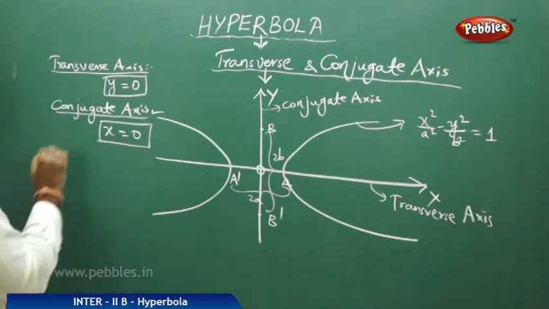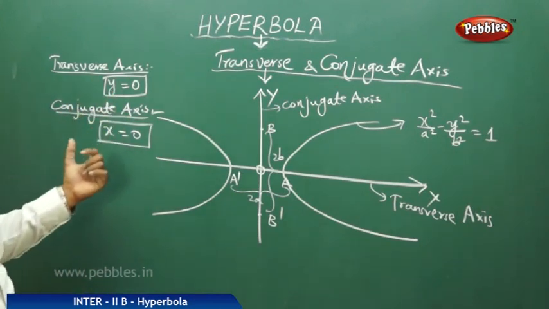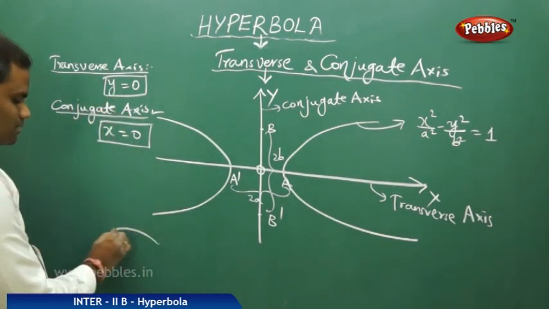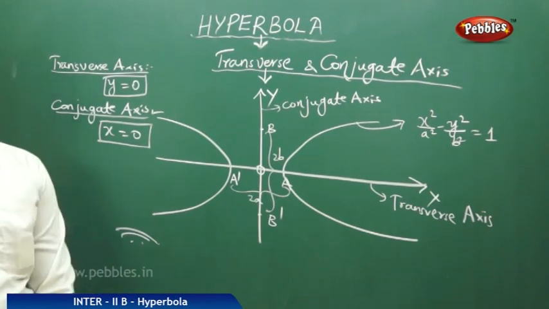That is, the x-axis is the transverse axis and the y-axis is the conjugate axis.